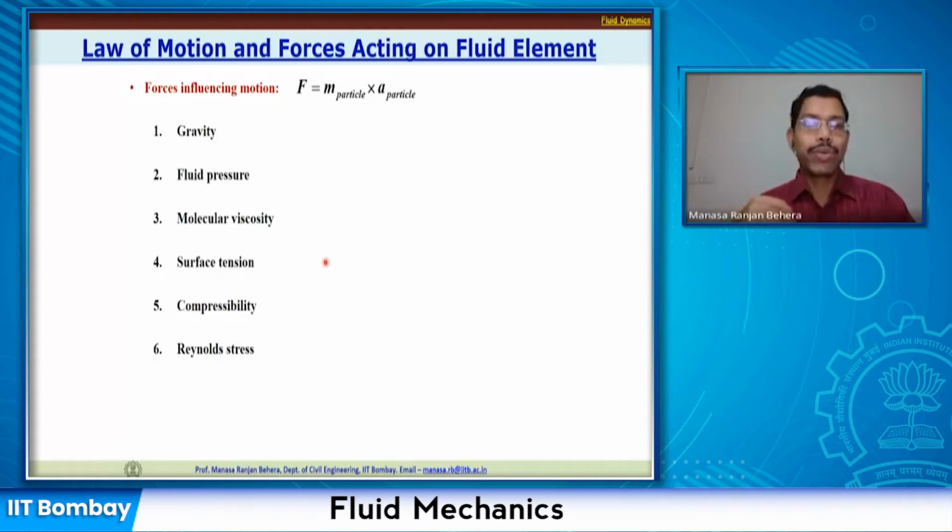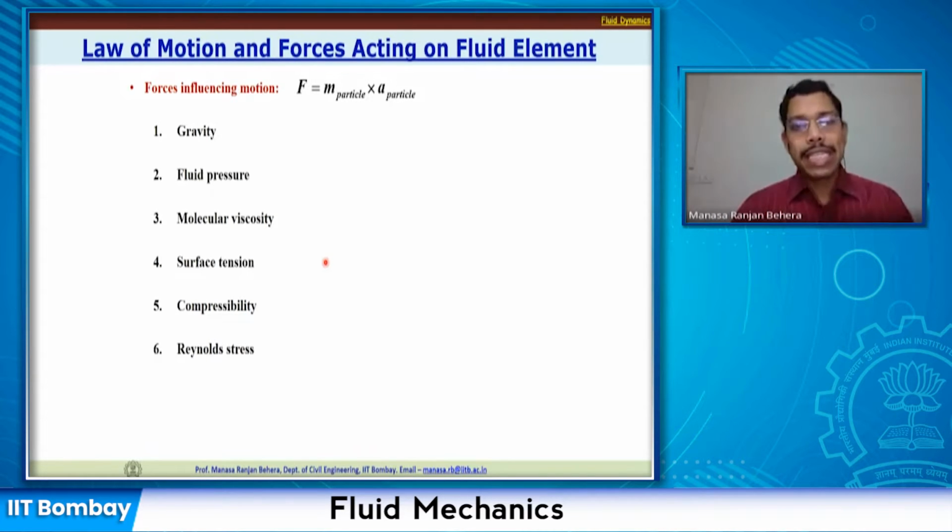We have already seen how the viscous force acts, tau is equal to mu du by dy, so viscosity is going to play a major role. In addition to that, there is a surface tension force. Due to compressibility, there will be some force. When there is turbulence, there will be Reynolds stress which will be generated, and that is also going to act on the fluid motion.